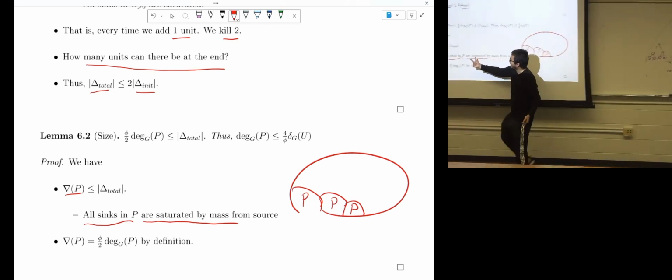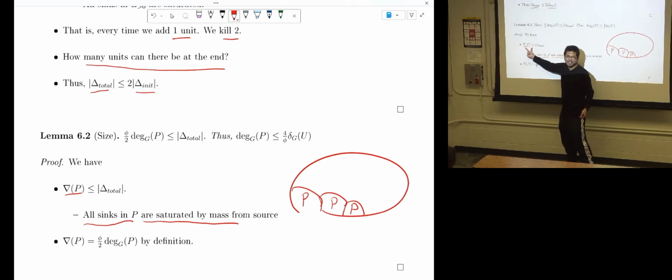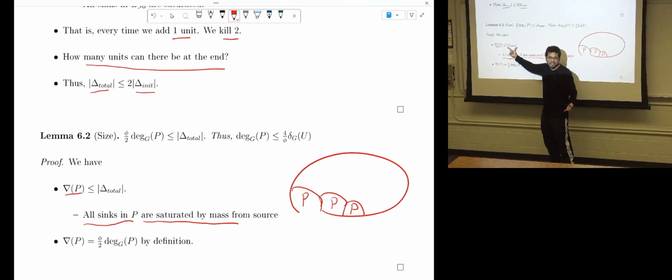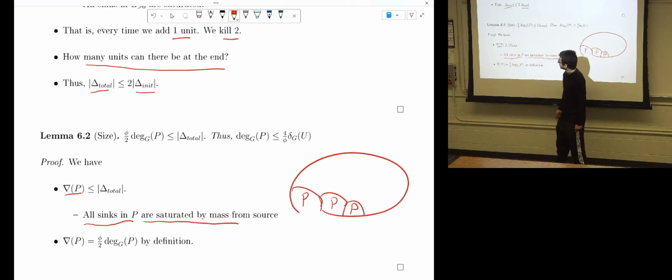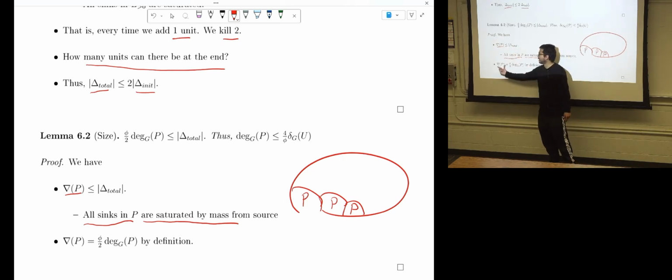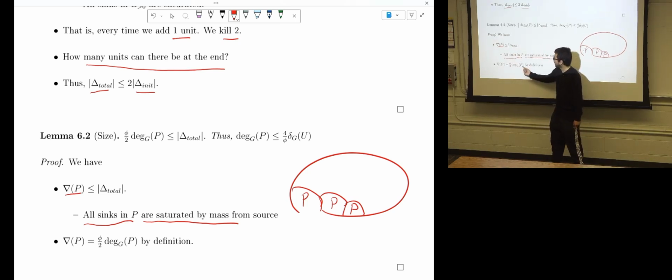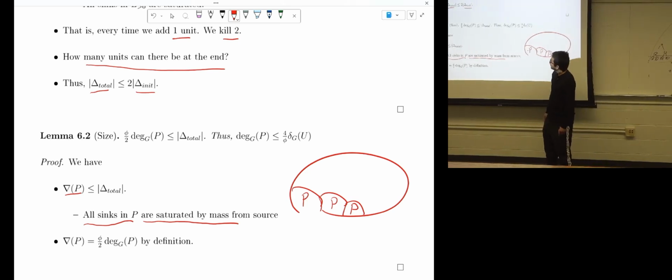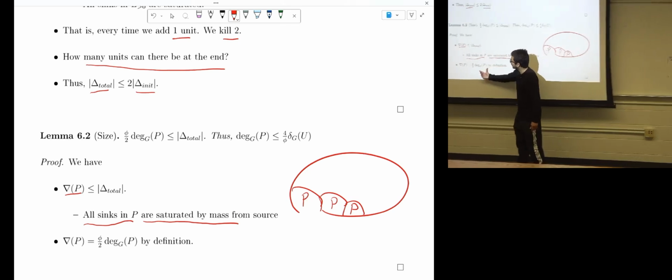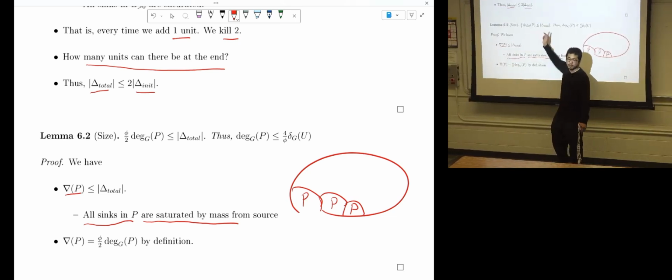So the total sink of P is bounded by the total mass ever created. But what's the sink capacity at P? It's just degree of P scaled down by phi. So just combine this together, you get this.